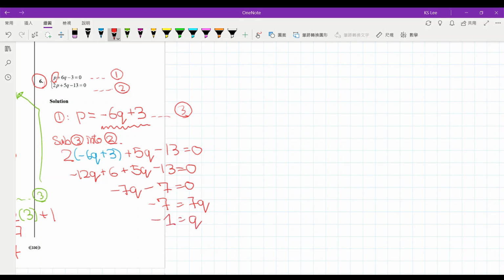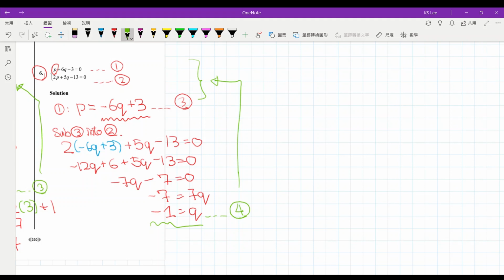Therefore, q equals -1. So now we can do our second substitutions. We are going to substitute the q back into the 3 equations in the front.